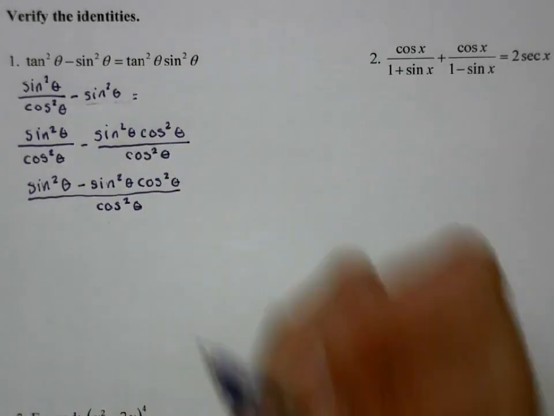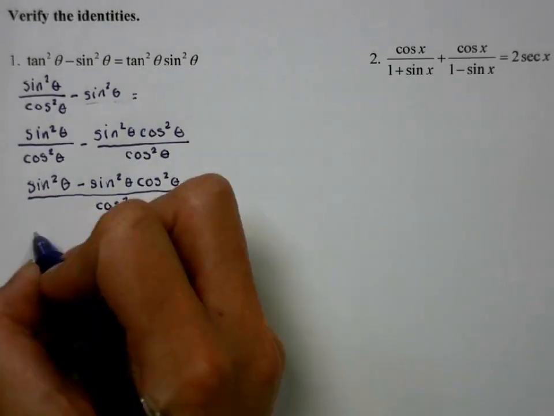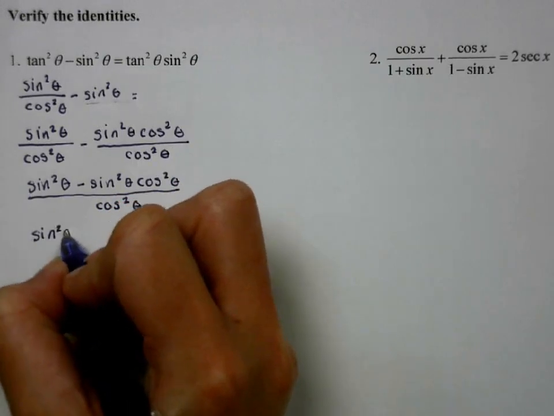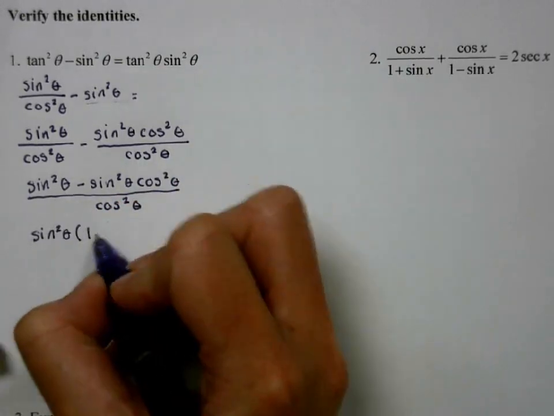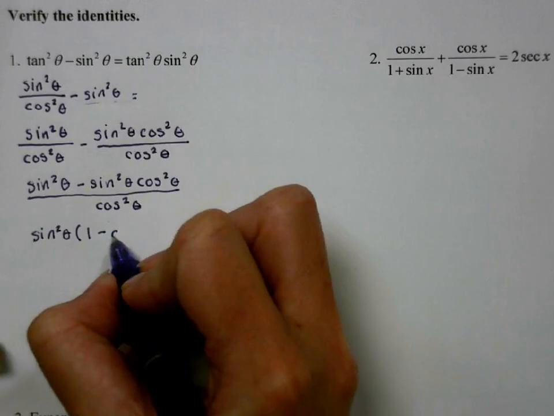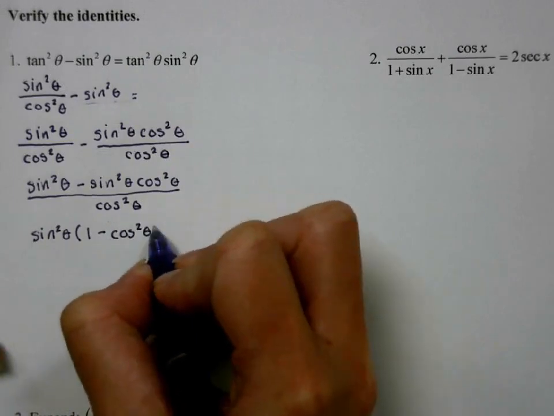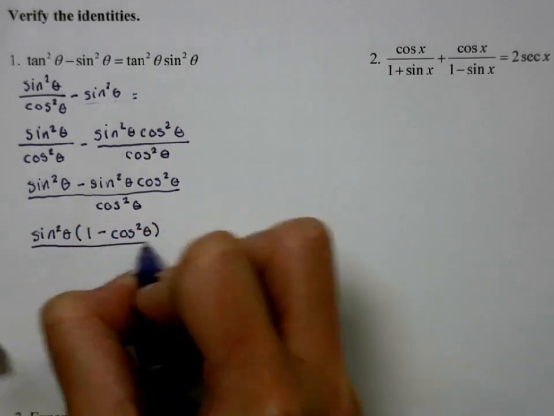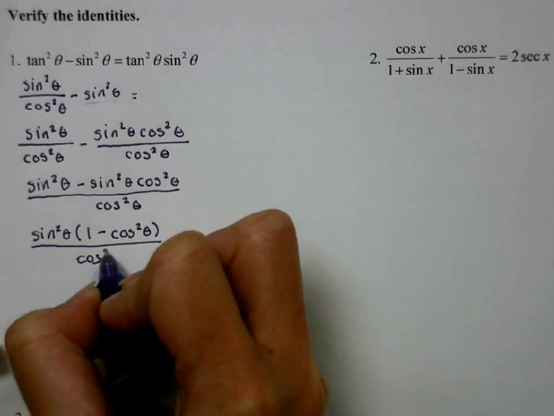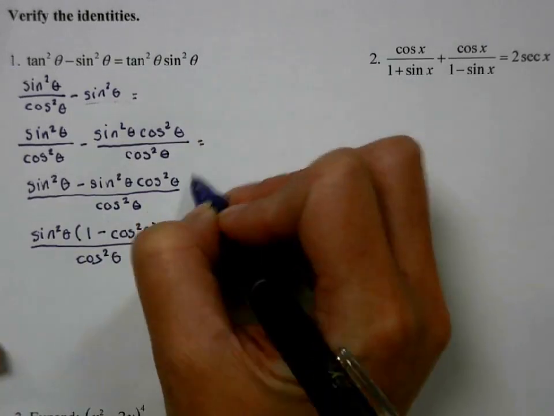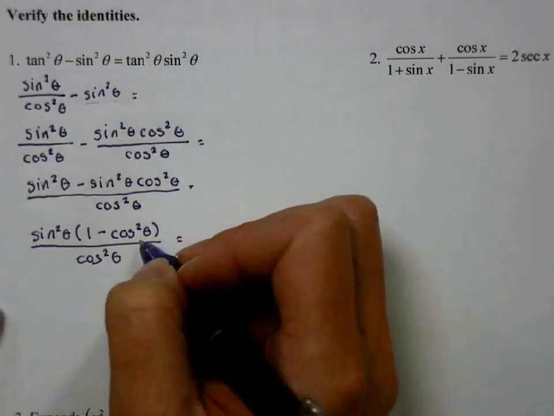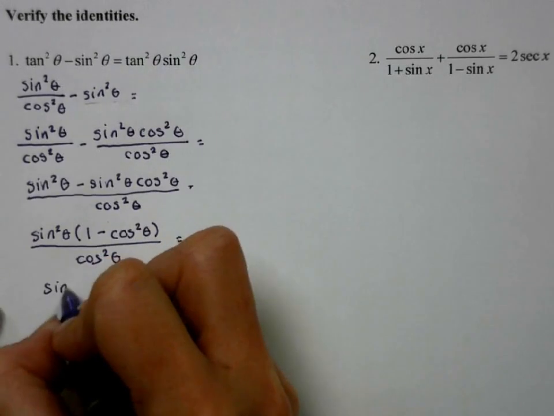Okay, next I can factor out a sine squared. So I'm going to have sine squared theta, which will leave me with 1 here minus cosine squared over there. One minus cosine squared is sine squared.